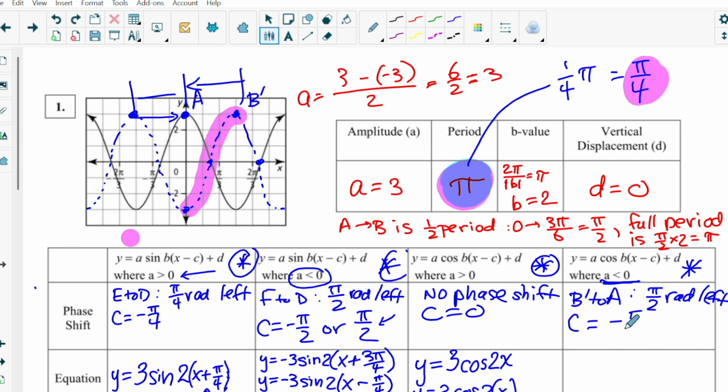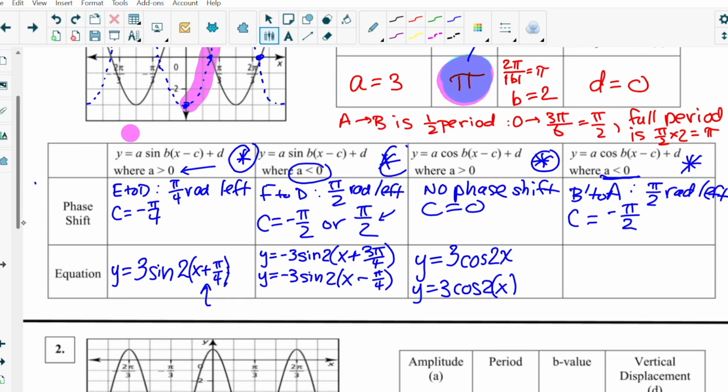C equals negative pi over 2. And then what happens? So y equals, now my A value is negative, cosine of 2 times x, minus negative pi over 2. And then that is just plus pi over 2.